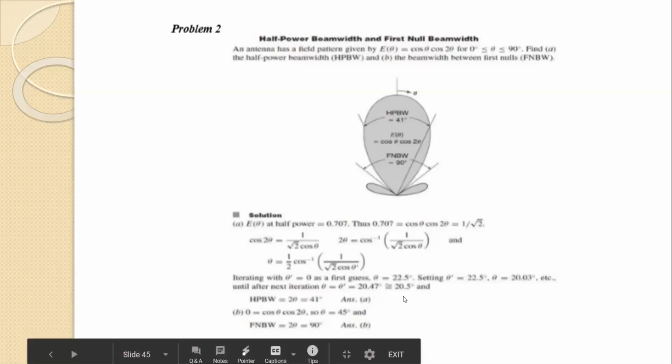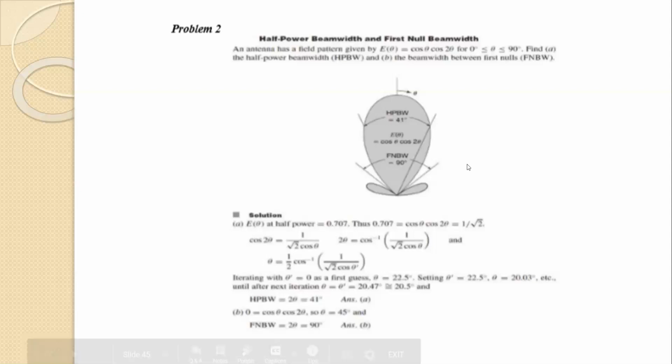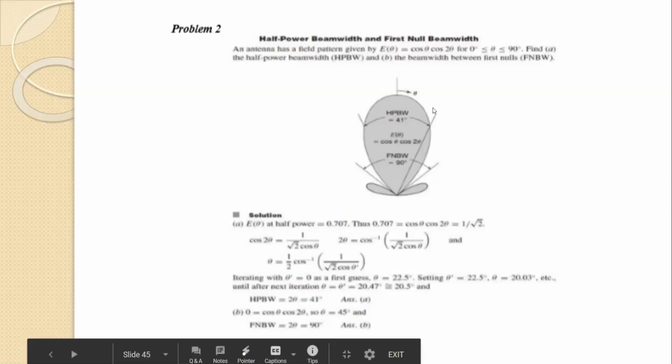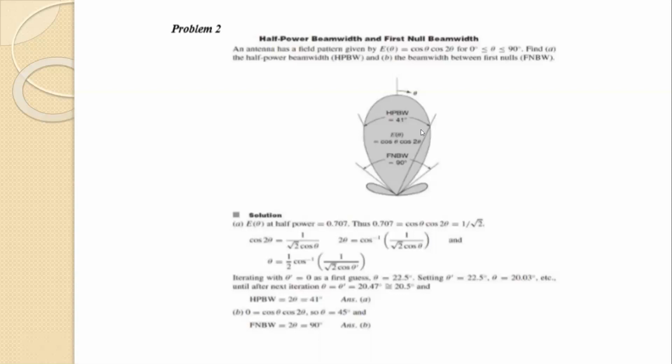So first null beam width FNBW equal to 2 into 45, so approximately 90 degrees. So for problem number 2, the answers are 41 degree and 90 degree. Quickly note down this problem 2 also.